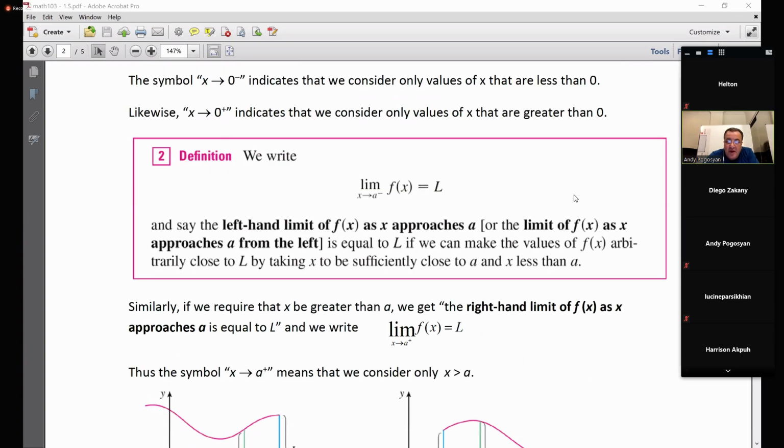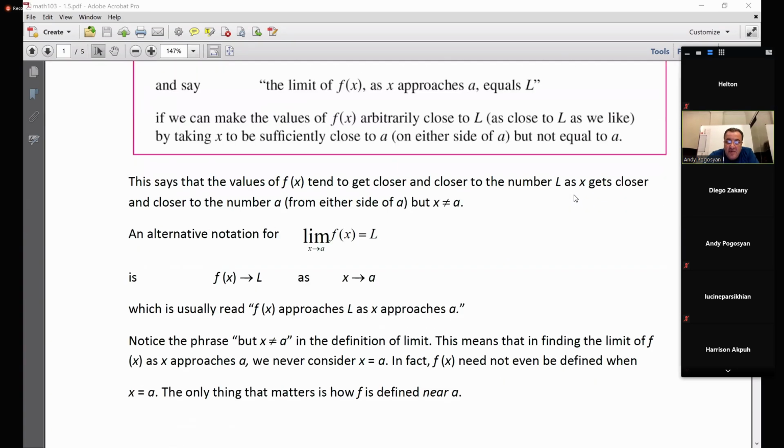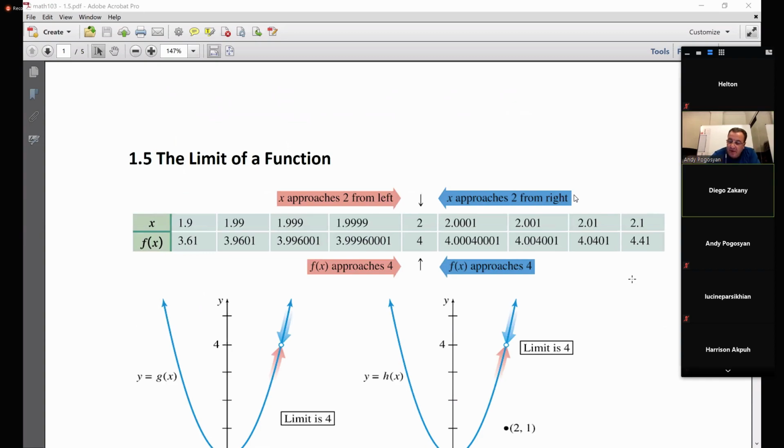If you go back to the first example here, the left part of the table is x approaching 2 from the left. This is x approaching 2 from the right. From the right means 2 point something, it should be greater. From the left, it's 1.9999. As many nines as you want, you can put there.